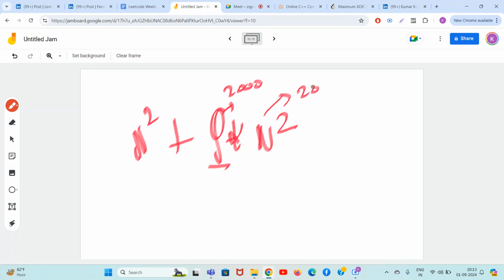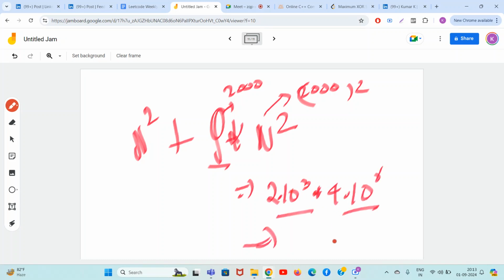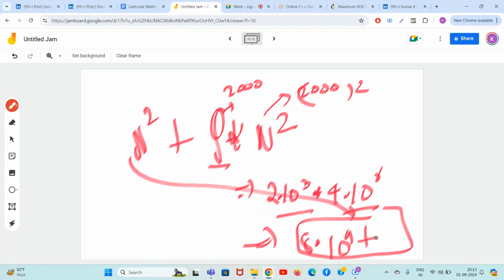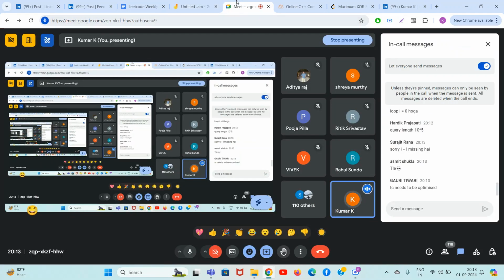This is 2000 square. So 2 into 10 raised to 3 into 2 to the 4 into 10 raised to 6. It is 8 into 10 raised to 9 plus n square, which is 4 into 10 raised to 6, which is close to 10 raised to 10. And guys, do you think 10 raised to 10 is good?